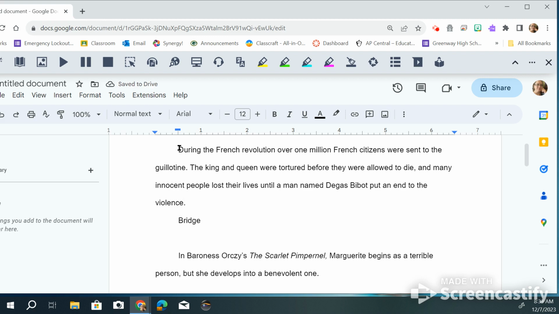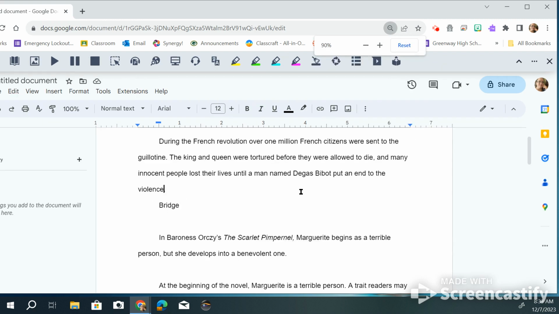But I need an intro to show you this next part. Because kids think that it's really, really hard to do a bridge transition. And a bridge transition is actually the easiest of your transitions. You look at your intro and you find what your main idea words are.